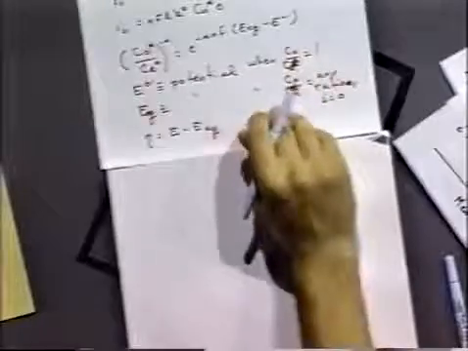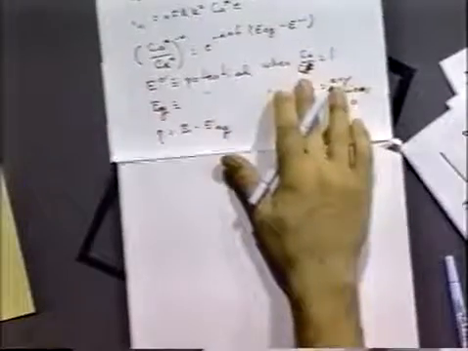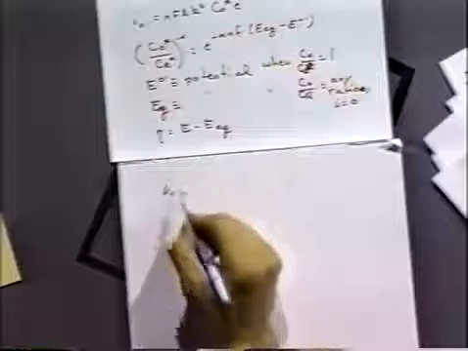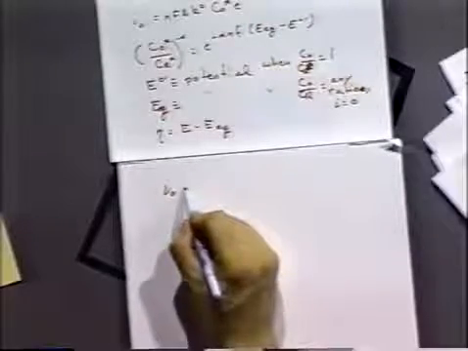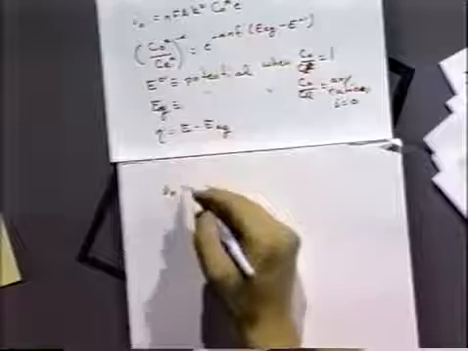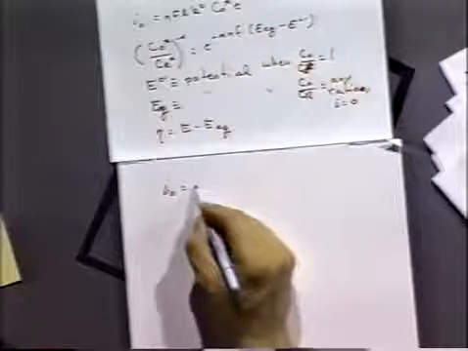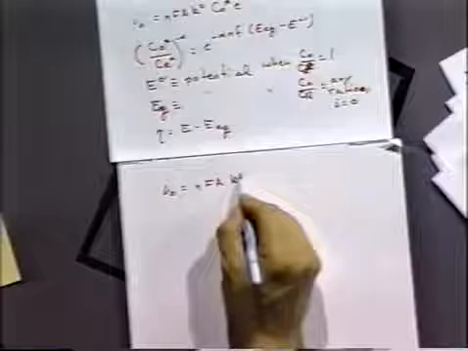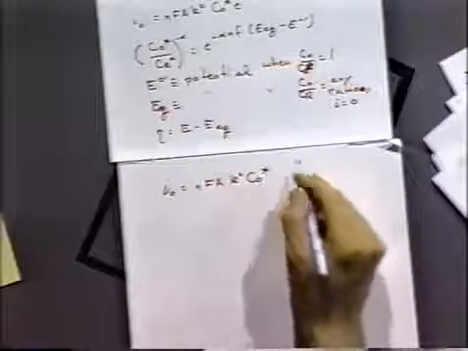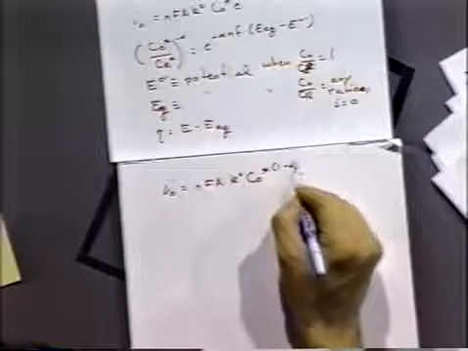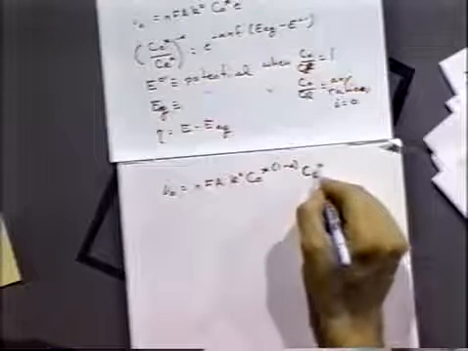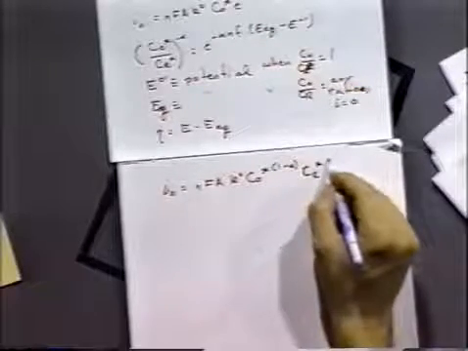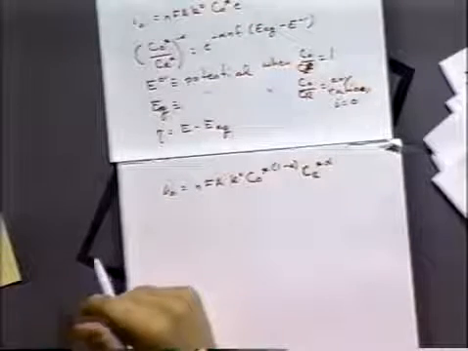Let me just put it up here. So let's rearrange and rewrite our expression. We can rewrite our exchange current, now substituting in what we've just derived, to be equal to NFA K0 C0 star to the 1 minus alpha, times CR star to the alpha power.